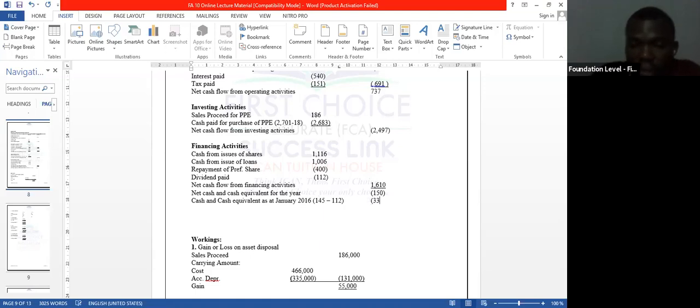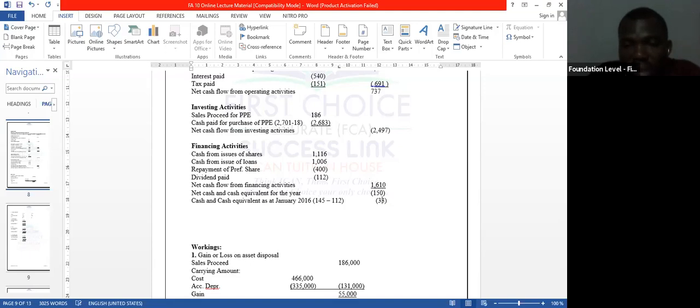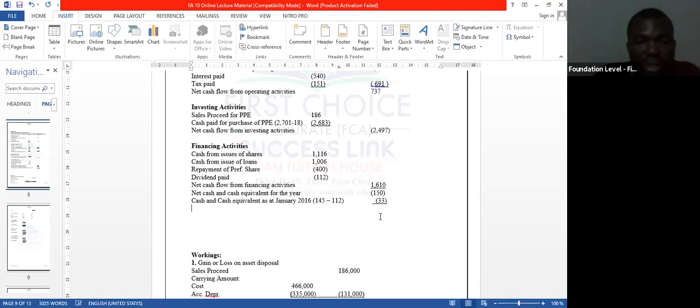Now that we have that to be negative of 33, we calculate the addition of these two, which will give us the total cash and cash equivalent for year 2017. So now let's do this. I'll show you, and you will check if you are correct.